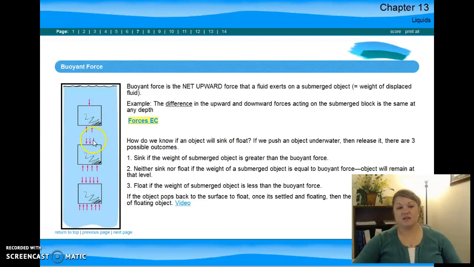Buoyant force is consistent. It doesn't matter if it's submerged near the top, middle, bottom. Buoyant force depends on the difference in those forces, right? And how much water gets displaced. And we'll talk about that in just a second. Alright? Here's an idea to know whether the object will sink, float, or stay at some level in between.